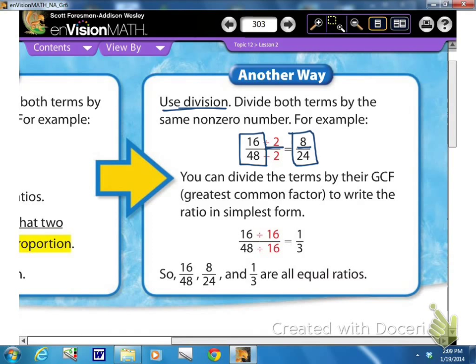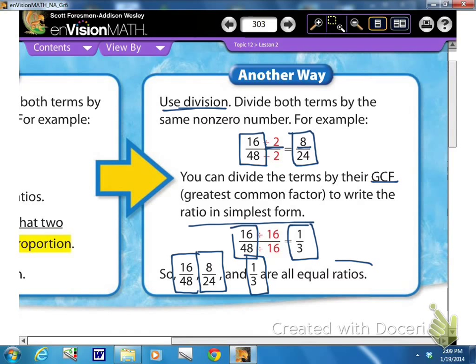You can divide the terms by their greatest common factor and write the ratio in simplest form, just like we did with fractions. So we could also divide 16 over 48 by 16 and get 1 over 3. So 16 over 48, 8 over 24, and 1 over 3 are all equal ratios.